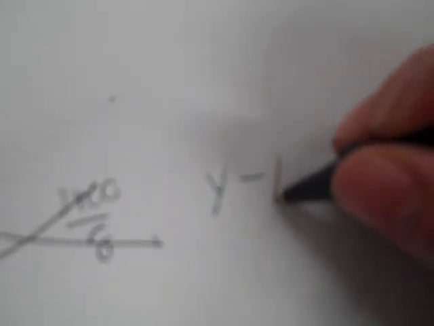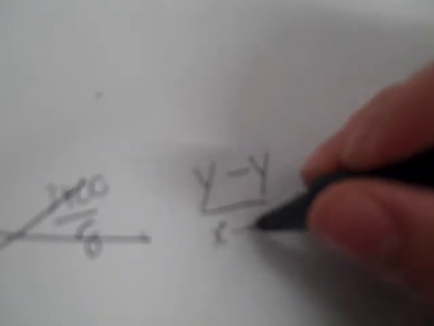So 2,500 divided by 5 is 500. 3,400 divided by 8 is 425. They don't match, okay? So since they don't match, I need to use the y minus y divided by x minus x. Now, if you're wondering what y is, the top, so feet. What are your two feet numbers? 3,400 and 2,500.